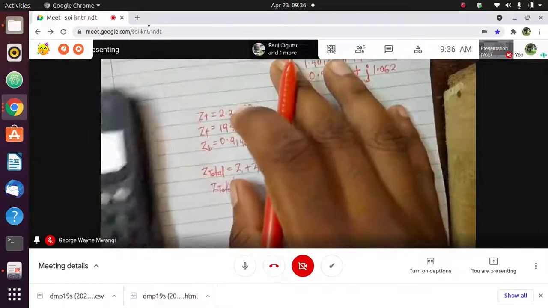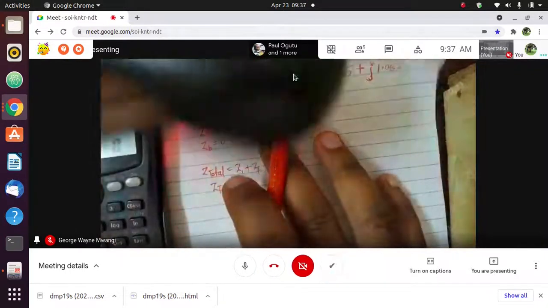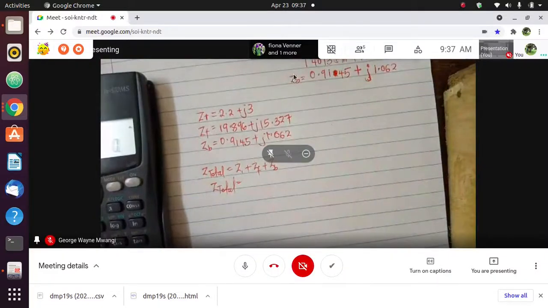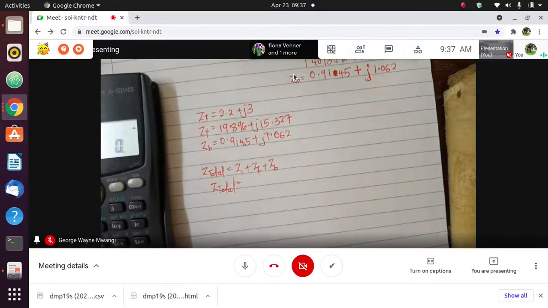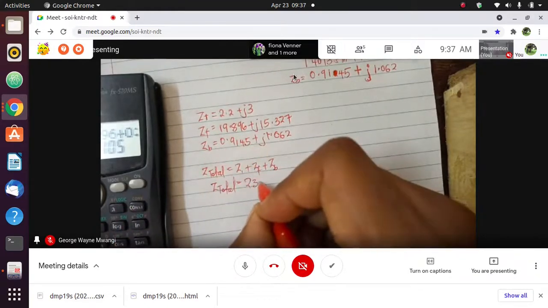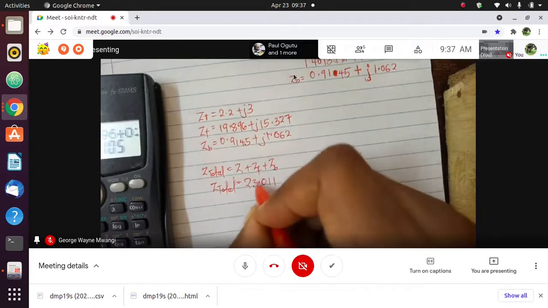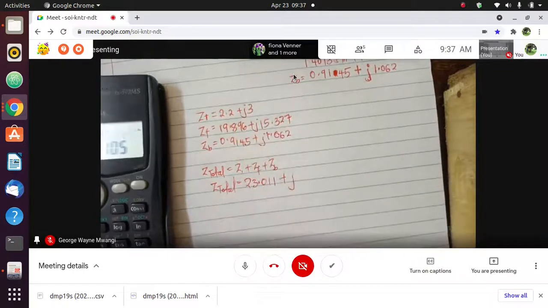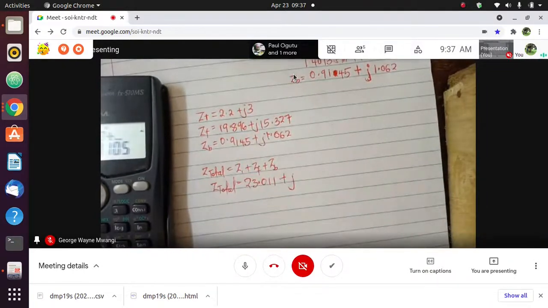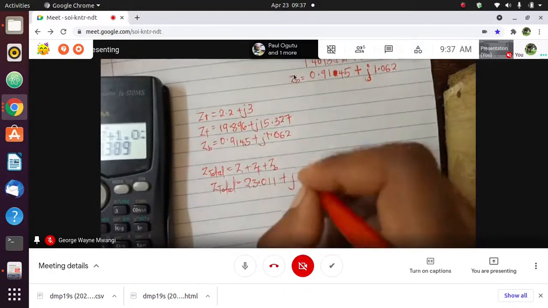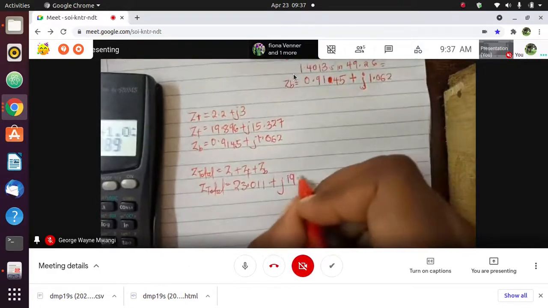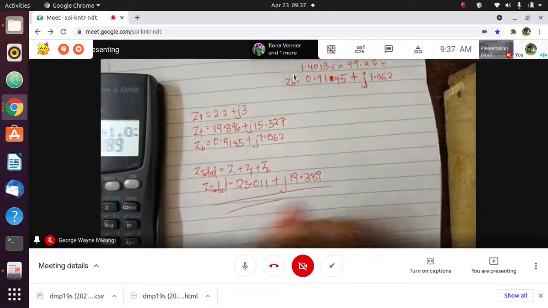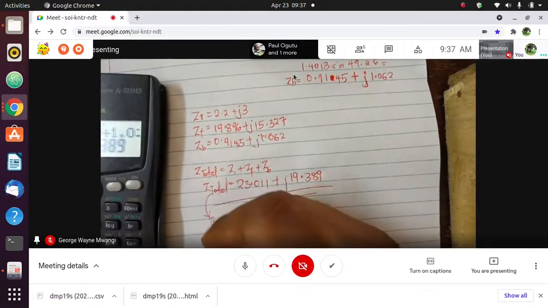So 2.2 plus 19.896 plus 0.9145 gives 23.011, plus J: 3 plus 15.327 plus 1.062, so J19.389. Now this is the value of the total impedance, but it is in complex form.